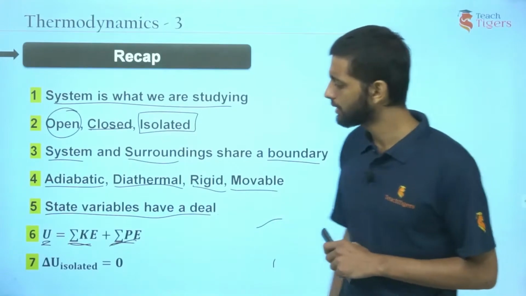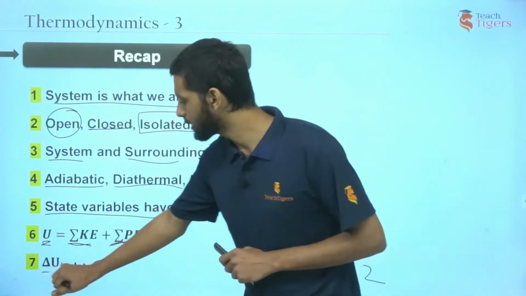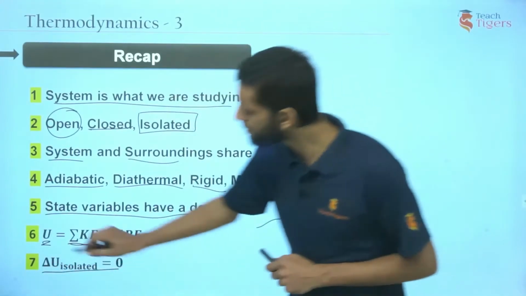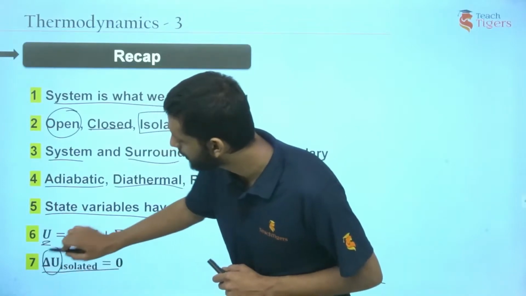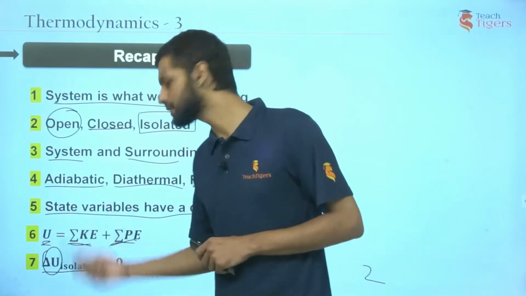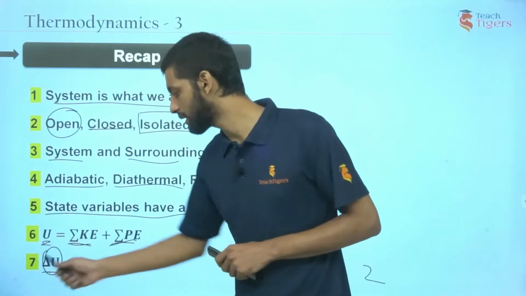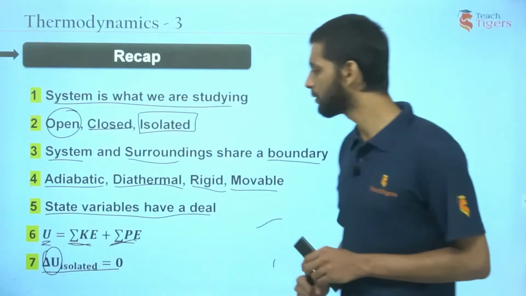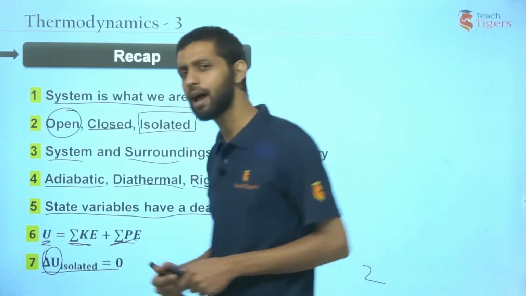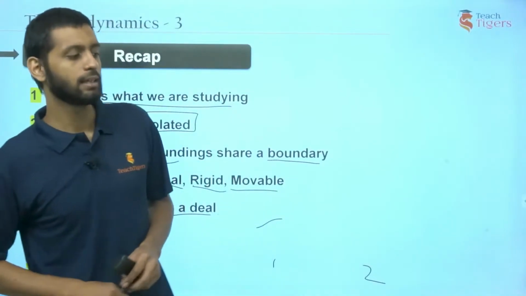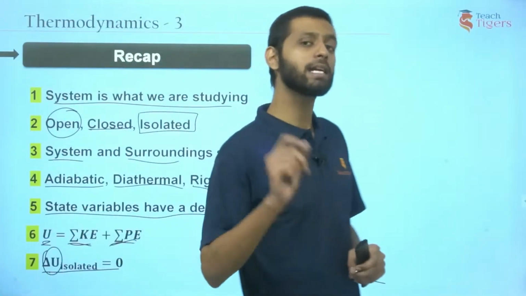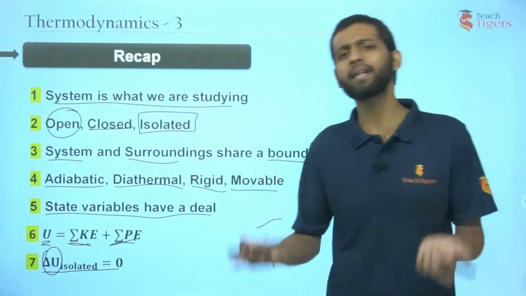We also defined that delta U of isolated system is 0. This symbol might not be familiar to you. What is this delta U that I'm speaking? We took an example in the last class where we said that the energy of an isolated system does not change. Why does it not change?